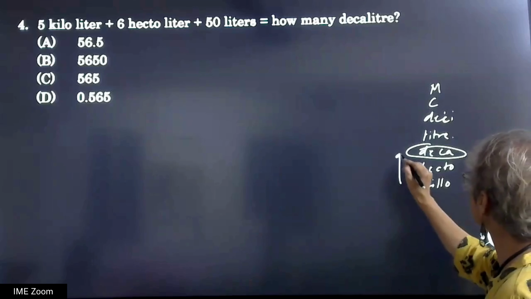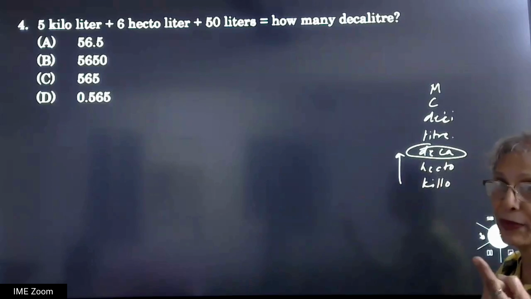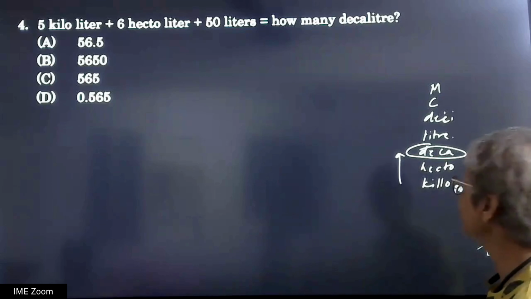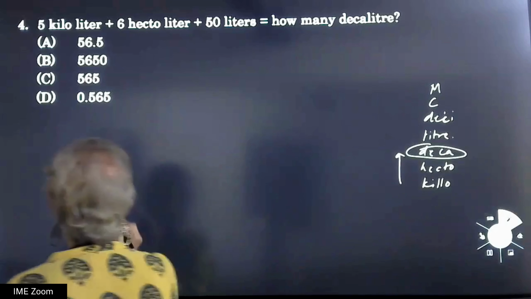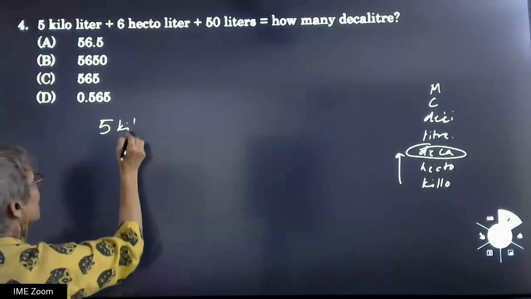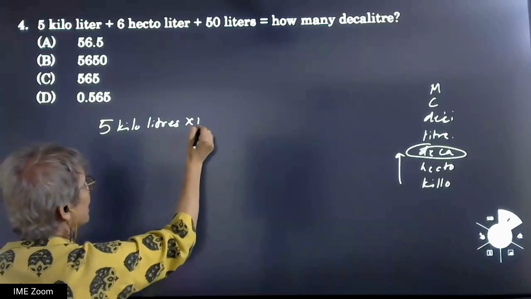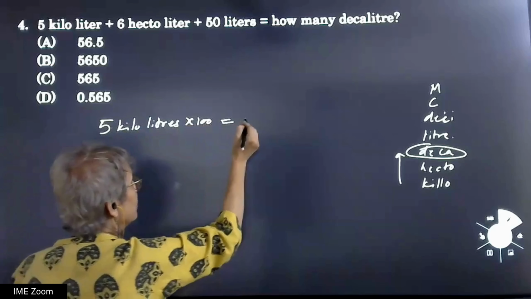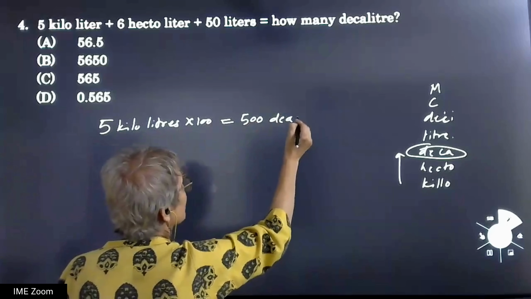From this place, from kilo to deca, so 2 places, multiplied by 100. Multiplied by 100, right? So first of all, kiloliter, 5 kiloliters multiplied by 100 will give you 500 decaliters.